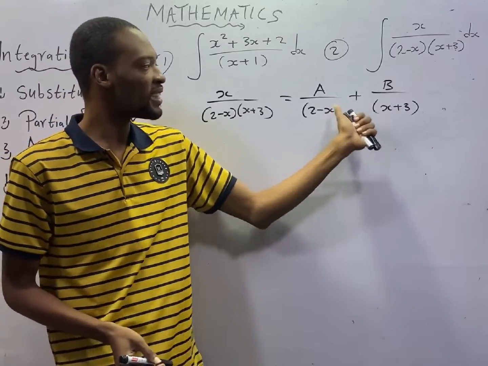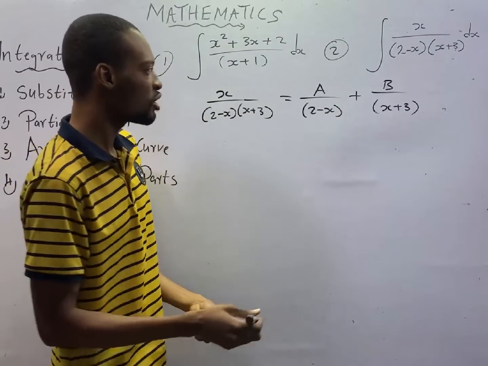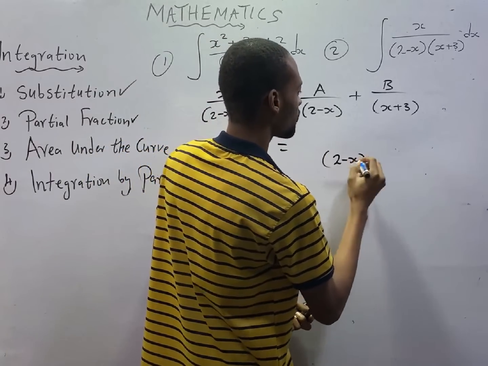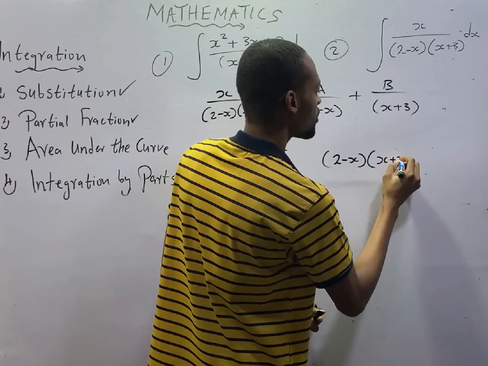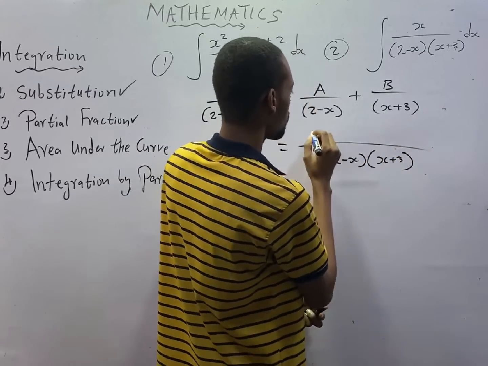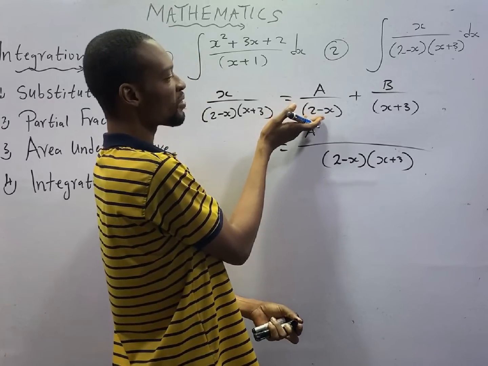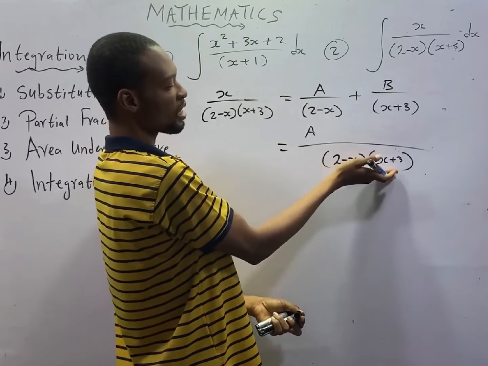Now, let's find the LCM of here and here. This will simply be (2 minus s)(s plus 3). So in the A term, 2 minus s divided by 2 minus s cancels, you are left with s plus 3.